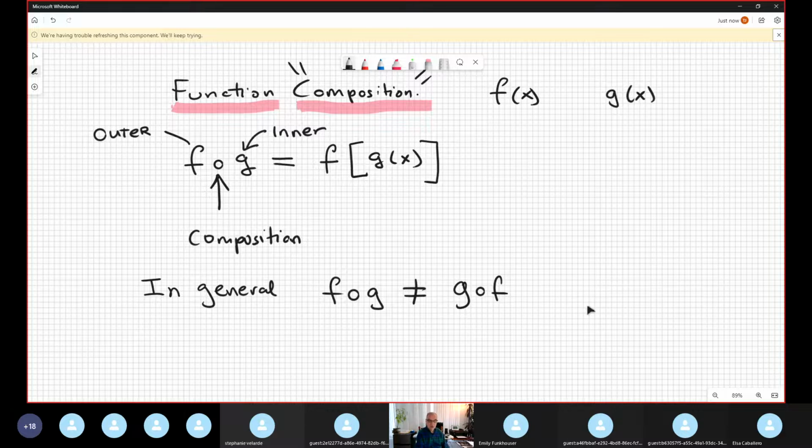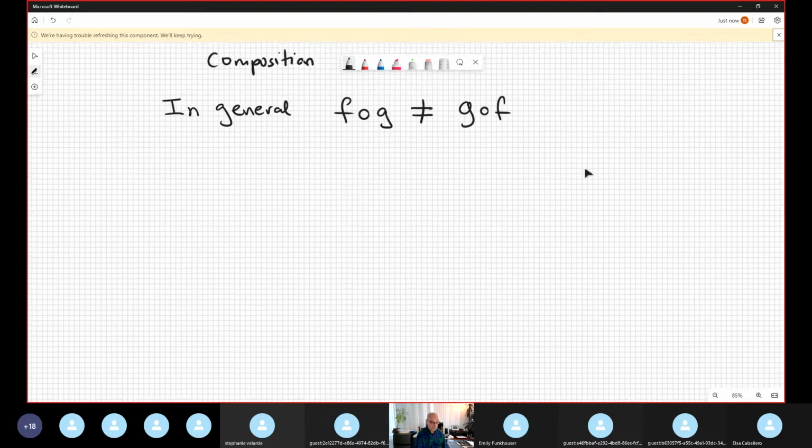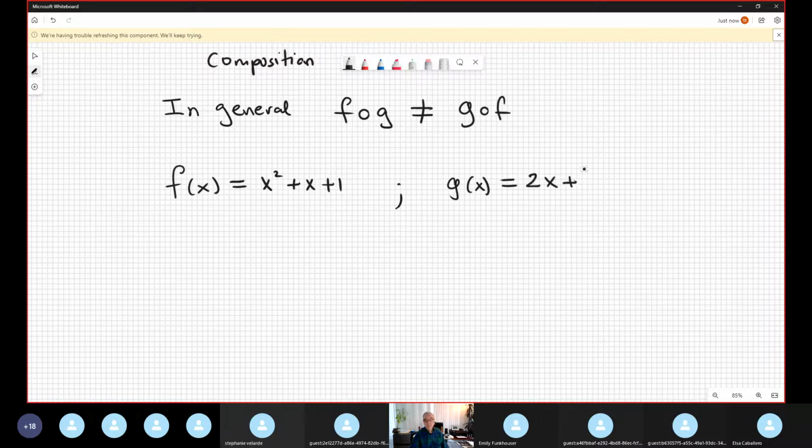Let me illustrate the idea. It's super easy. Look, you have two functions. f is x squared plus x plus 1. Semicolon. We have another function, g, which is 2x plus 3. Suppose in the test they ask you to find f composition g in this order. We are doing both, but we practice, no?